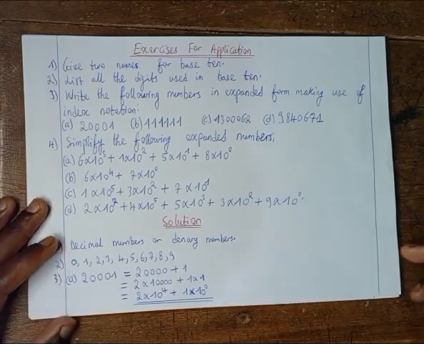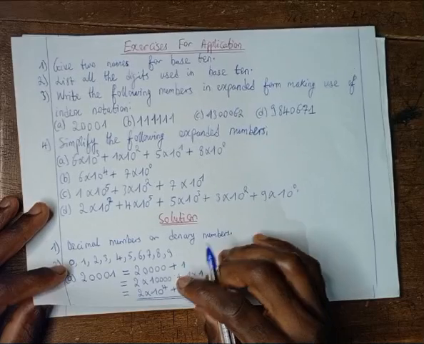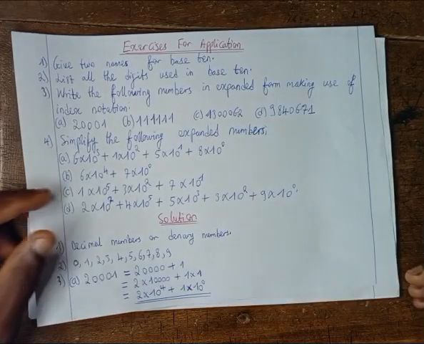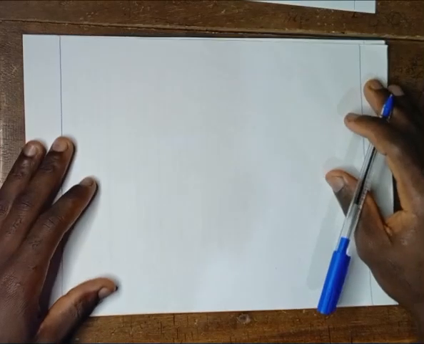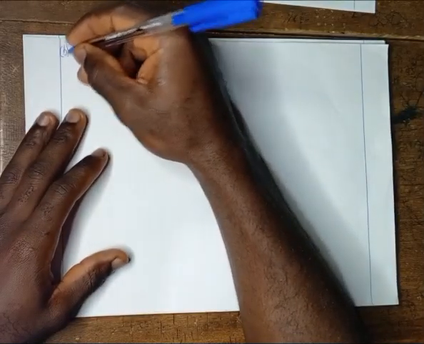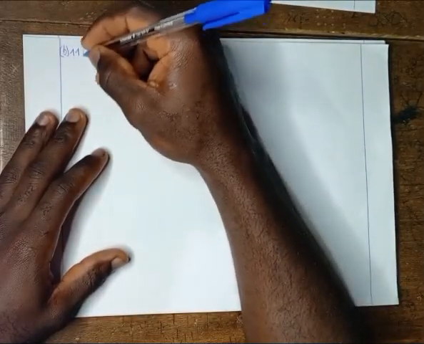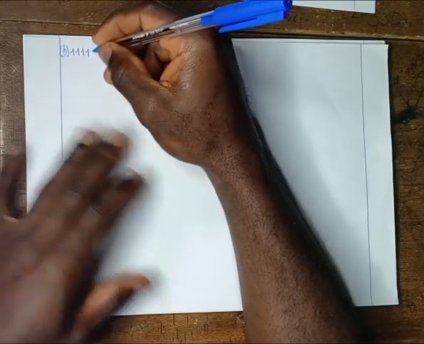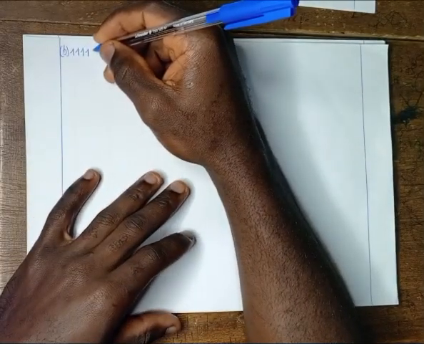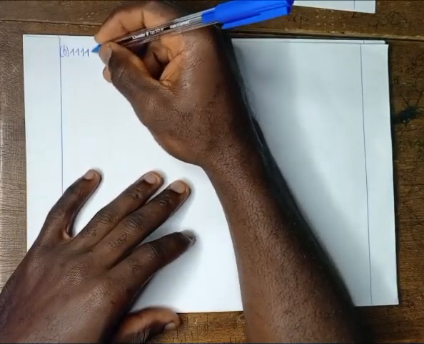Next, for B, we have the number 111,111.